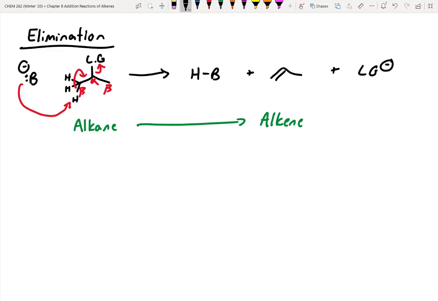Addition is similar. In an addition reaction, it's kind of the opposite. What we do is we start with an alkene. It could be a wide variety of alkenes.